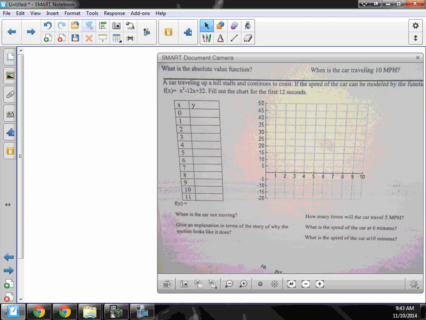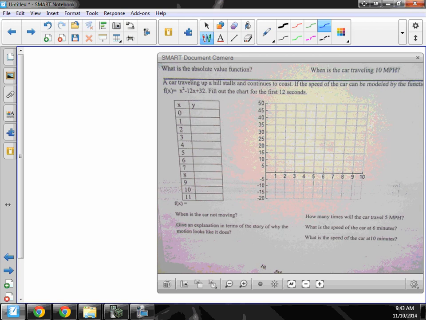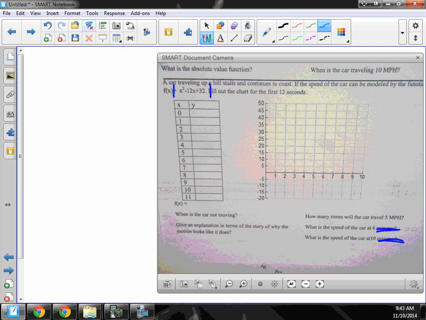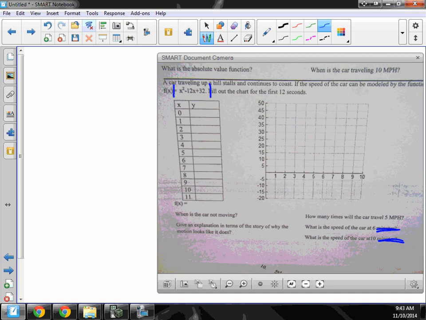So once again, all of these speeds are going to be positive. So we're going to go ahead and put absolute value marks around that. And then these down here that say minutes, they should say seconds. I don't know how I messed that up. So you're going to go through, fill out the table, draw the graph, and answer those questions.